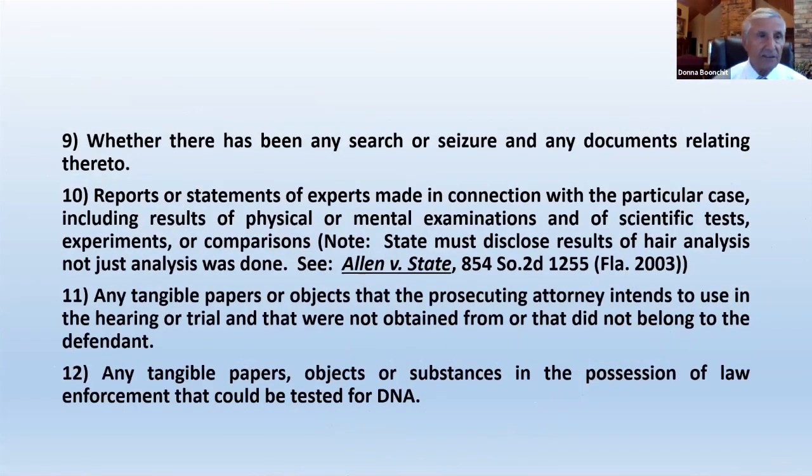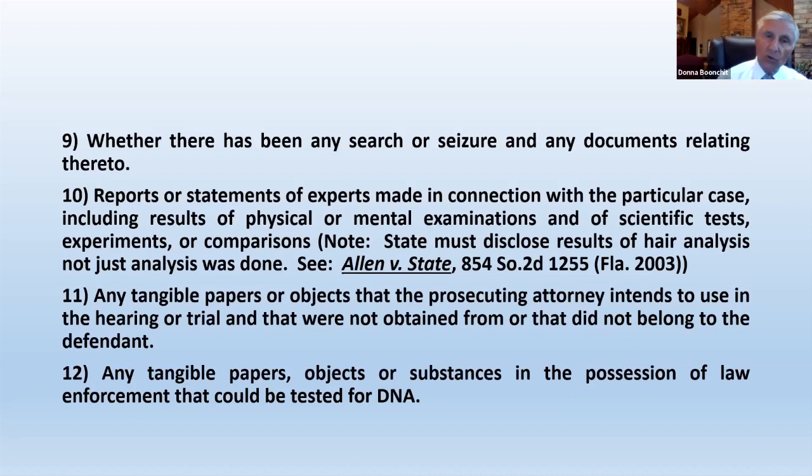Number nine, whether there has been any search and seizure, and any documents relating to that. Number ten, reports or statements of experts made in connection with a particular case, including the results of any mental examinations and scientific tests, experiments, or comparisons. The state must disclose results of hair analysis, not just that an analysis was done.